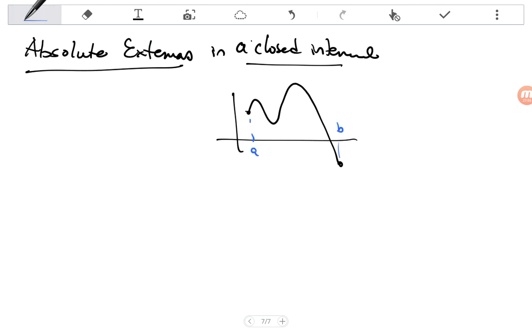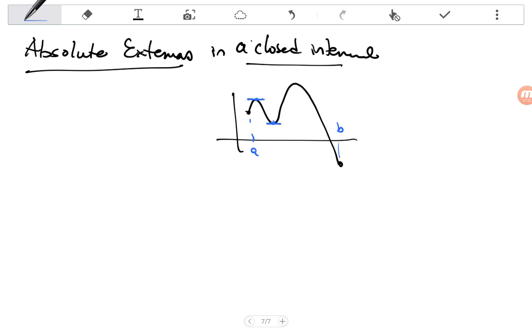Now I need to find the absolute maximum and the absolute minimum. So what is the absolute maximum and absolute minimum? It is the maximum of maximums. And the absolute minimum is the minimum of minimums. Okay. So these are the critical points.